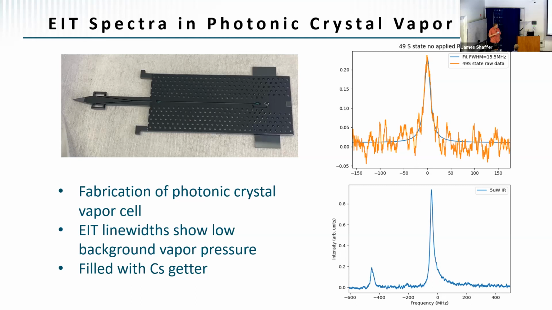That's also one of the reasons why the really tiny stemless cells are very hard. I think we can make maybe 4 millimeter square, 1.5 millimeter thick vapor cells pretty well, but getting smaller than that starts to get challenging.